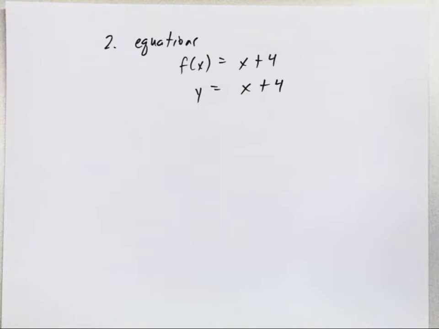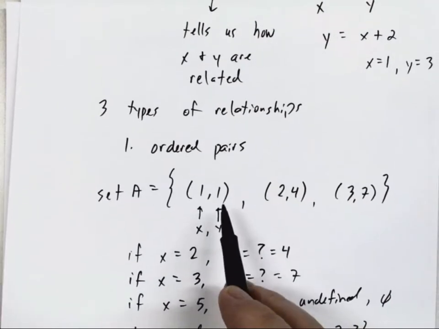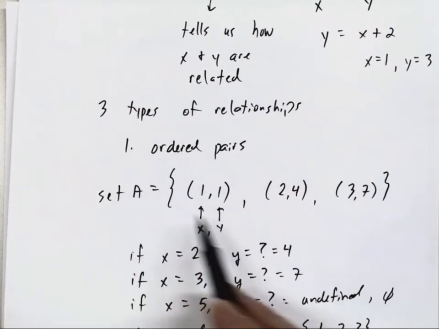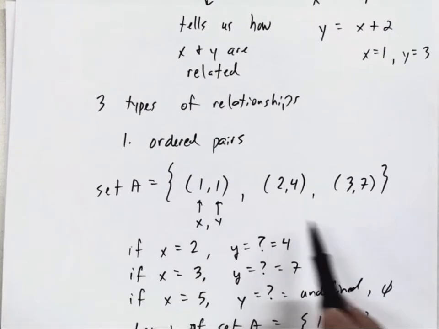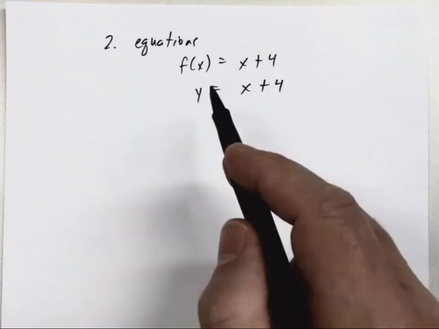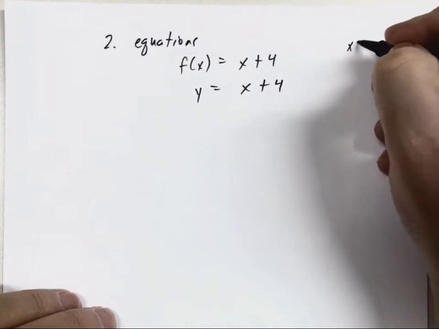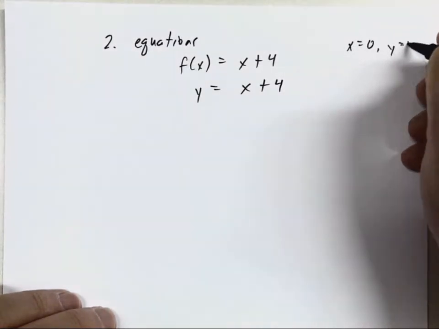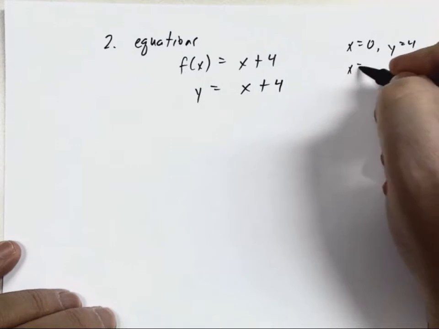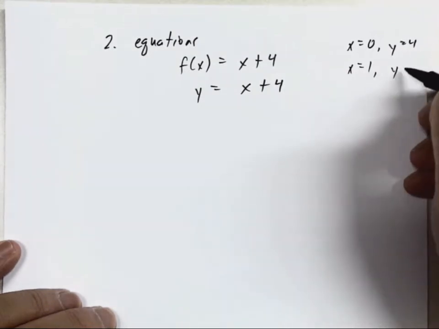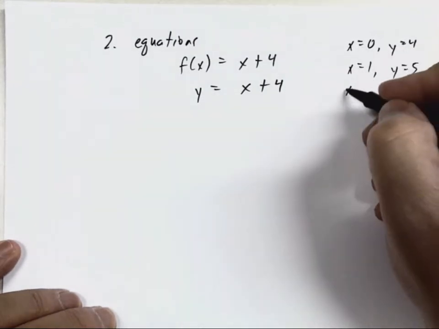Now, unlike the ordered pairs, which are a very small sort of universe with only 3 ordered pairs, not much information, an equation has a huge amount of information, because in a sense, I can make x whatever I want it to be. If I set x equal to 0, y is 4. If I set x equal to 1, y is 5.